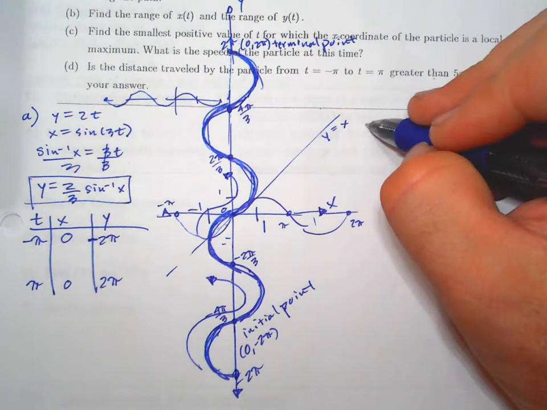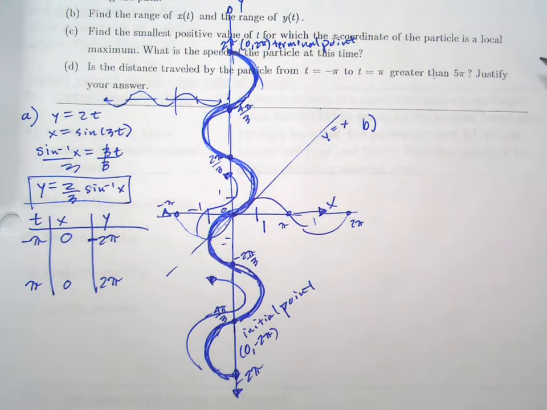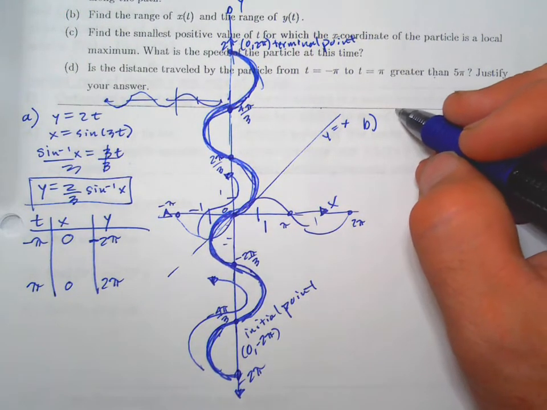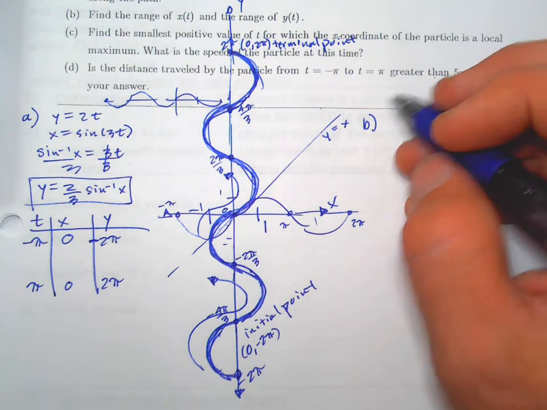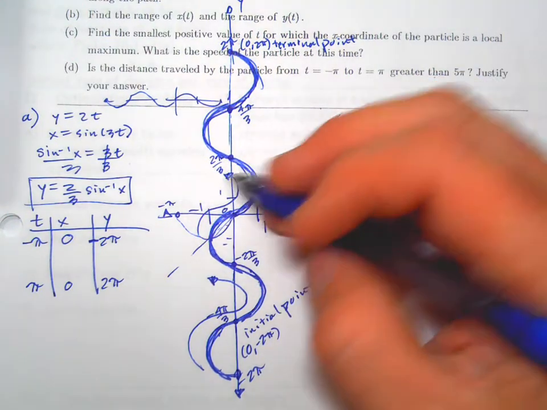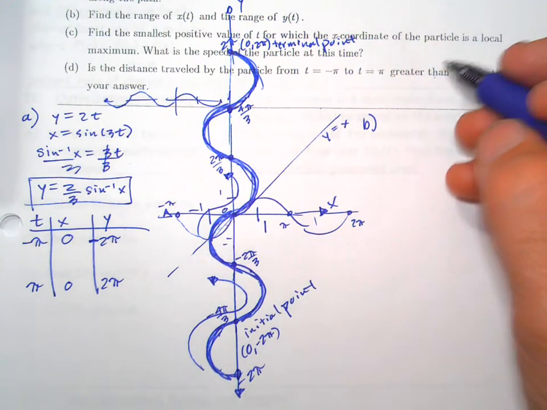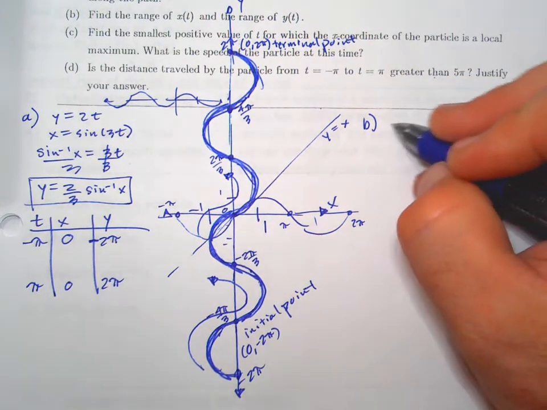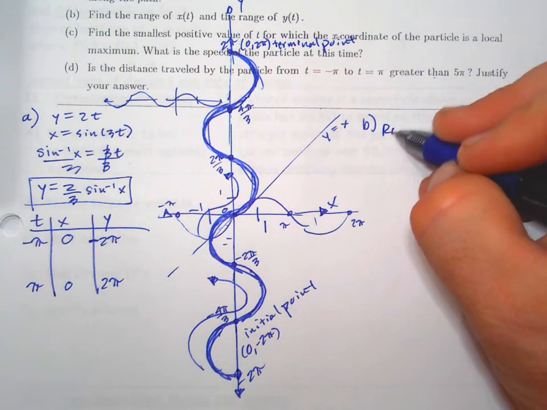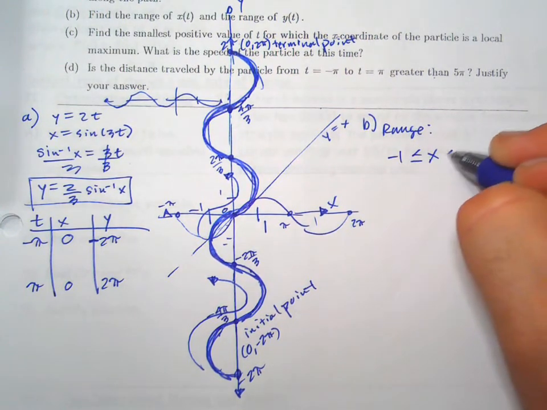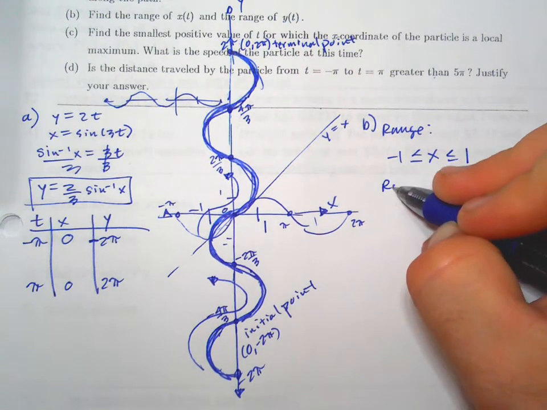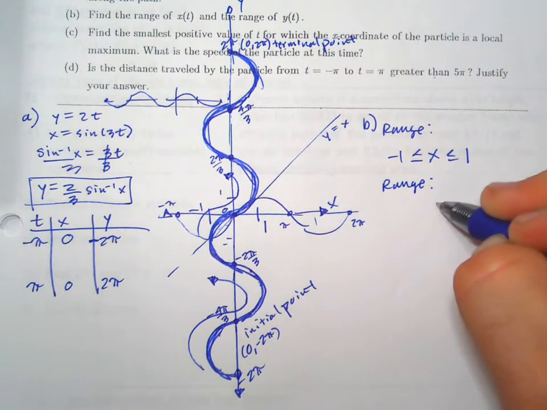Interesting. B says find the range of x(t) and the range of y(t). So range is the possible output values for x. Now, you could tell here what the possible values of x we get are, -1 to 1. So I think our range for x is between -1 and 1. And then our range for y, what are the possible y values we get?